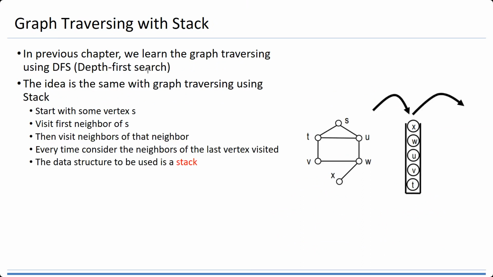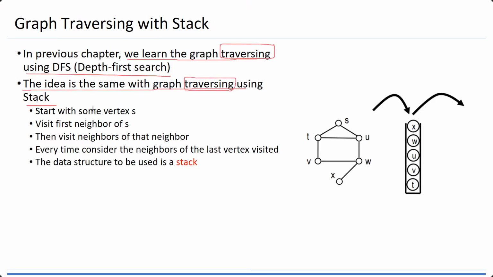So in the previous chapter, we learned the graph traversing using BFS. So we have the depth first search to understand the graph traversing. So the idea is the same with the graph traversing using stack. So you can also use stack for the traversal.